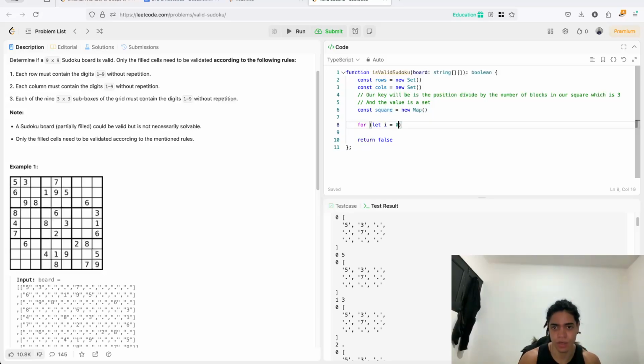So we're going to say 0, and we're going to iterate now. So now we're going to iterate 9 times 9. We can say I until I is less than 9. And I want you to increment that value.